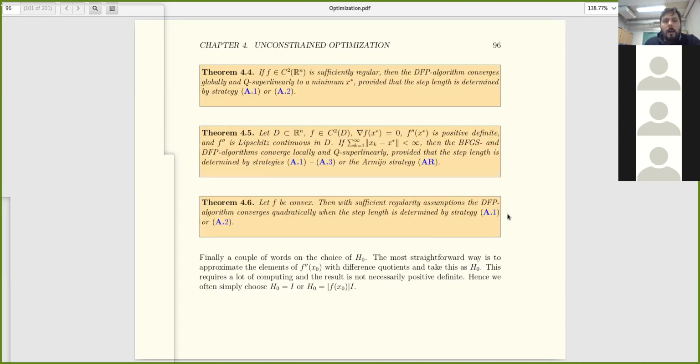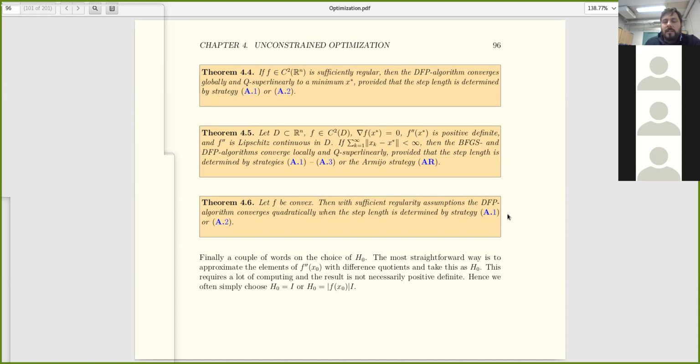And there's some convergence results as well. Convex functions will have a very good convergence in these updates. Sufficiently regular functions, whatever that means, will have a superlinear or Q-superlinear convergence given suitable strategies.